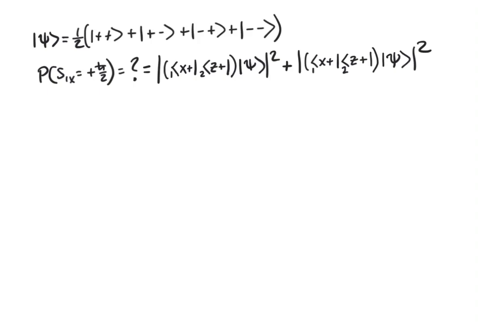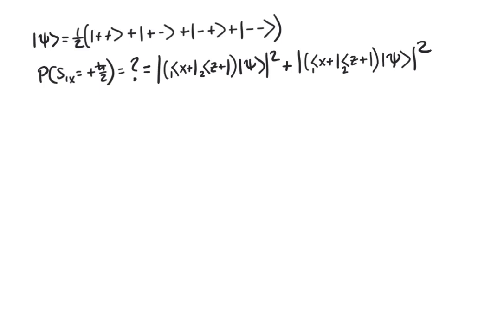And so I can write that down as a sum of two probabilities again. And it's a little bit messier this time because the x plus state is a little bit more complicated than the simple z plus state from our previous example, but it really does work the same way. To go about actually calculating this, what we would do is we would replace x plus with its equivalent form in terms of the z basis for particle 1.